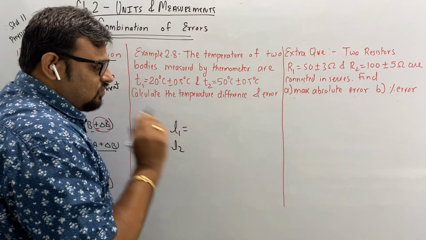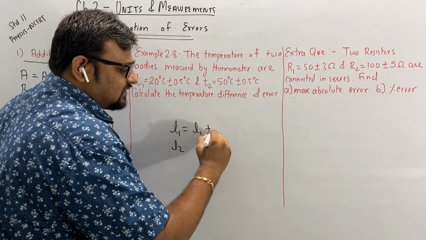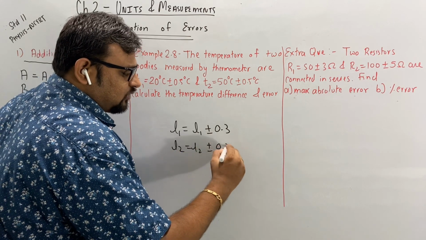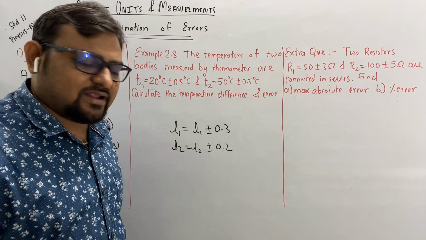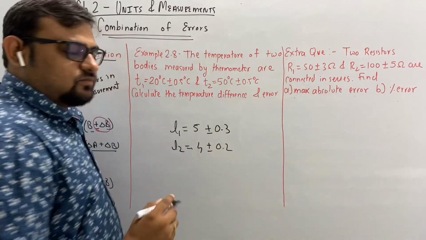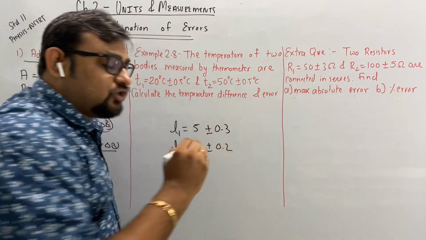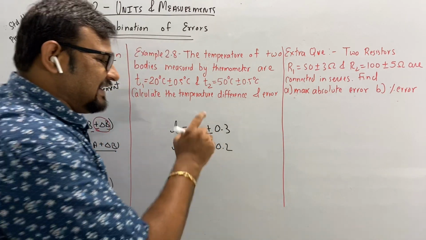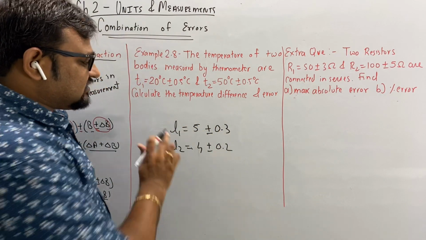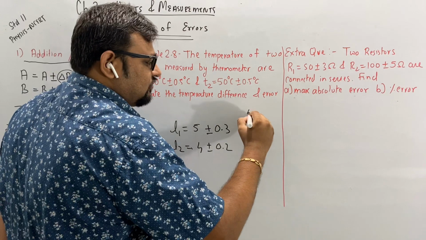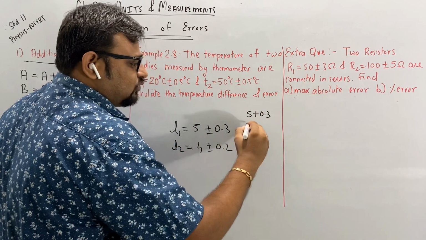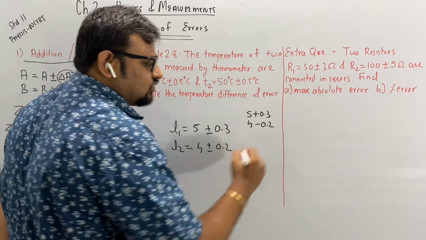L1 is plus minus 0.3 and L2 is plus minus 0.2. So what is the maximum error? Let's say 5 and 4. Here it is plus minus, so you don't know whether it is plus 0.3 or minus 0.3. Let's say L1 was measured 5 plus 0.3 and L2 was measured 4 minus 0.2.